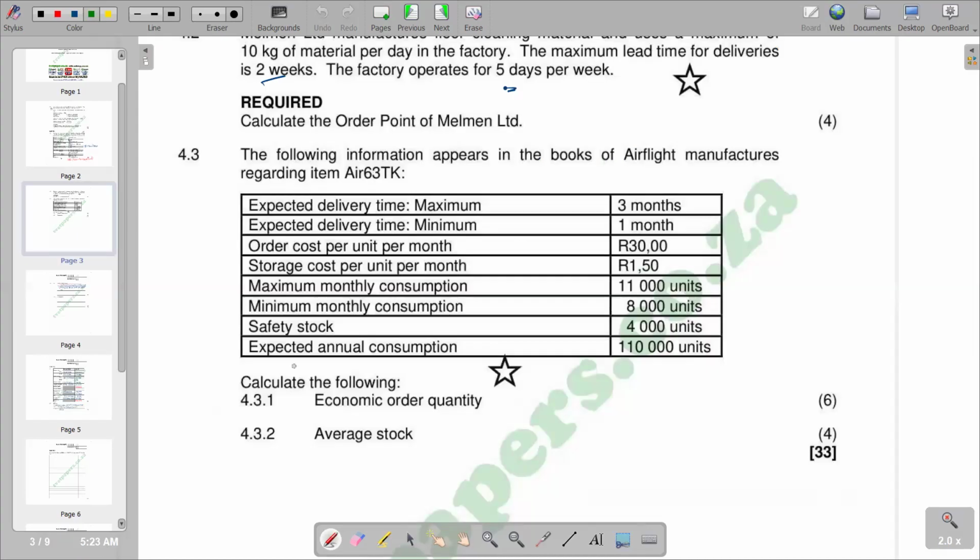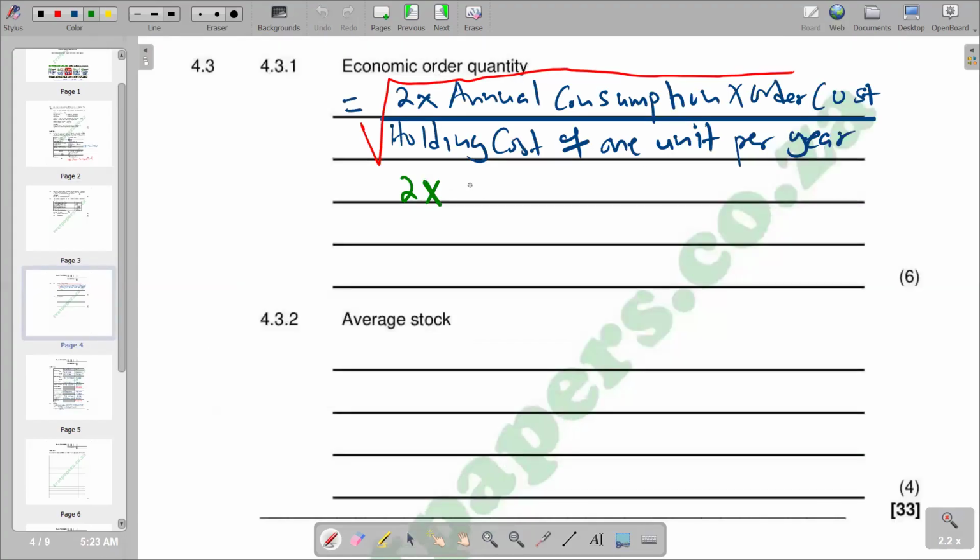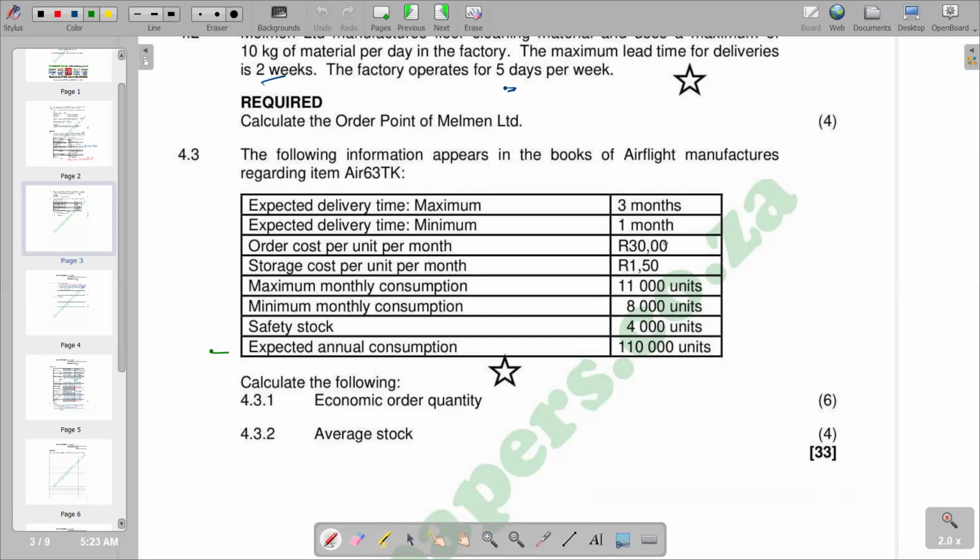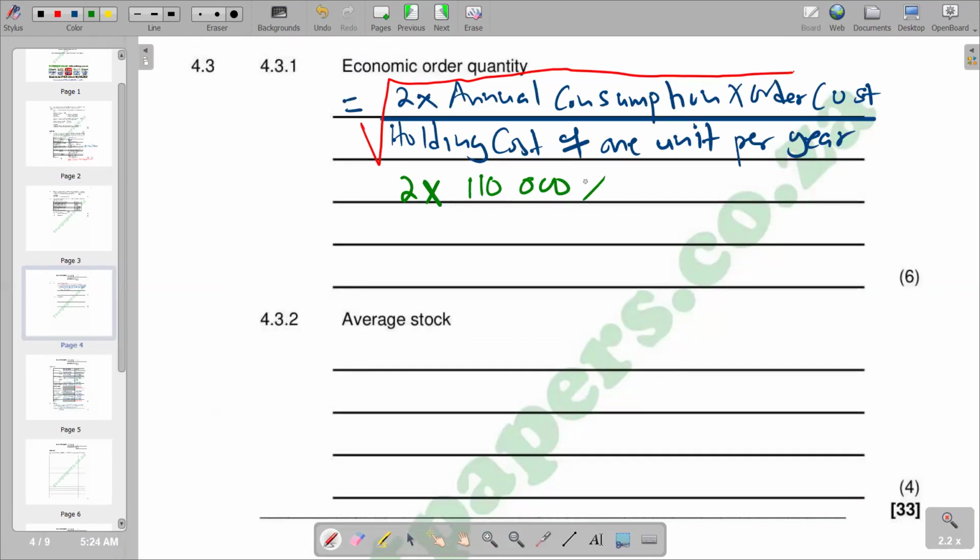We're given that the expected annual consumption is 110,000 units, and then we multiply by order cost. The order cost we find here, which is 30 rand. Then over the holding cost of 1 unit per year.